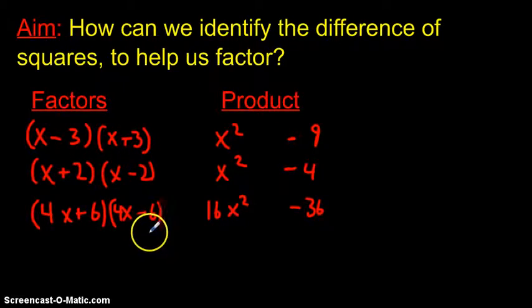So let's take a look at what we have here. There should be some obvious patterns that we're looking for between the product and its factors. Firstly, you'll notice that all of these products have both a positive factor and a negative factor. All of them. You'll also notice I didn't write them all in the same order. It doesn't matter what order you write them in. If you multiply two values in either order, you will get the same result.